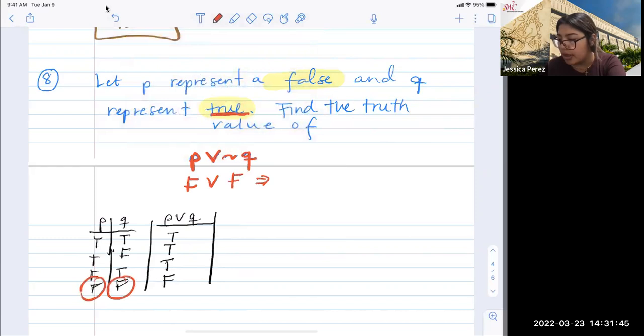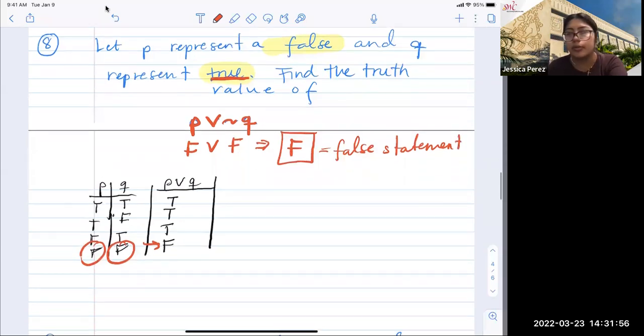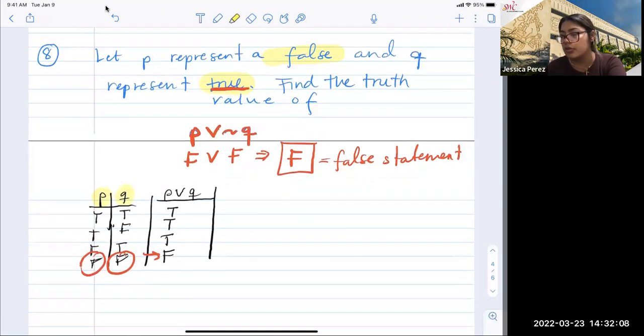F or F gives us F. So we will end up with a false statement. Make sure you know how to create a truth table. Remember when we have two variables, P and Q: true, true, false, false, true, false, true, false, P or Q: true, true, true, false. False, true is a true. When you get two false in an or, that's when you get a false statement.